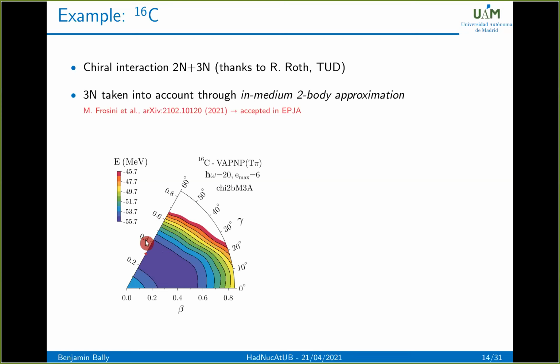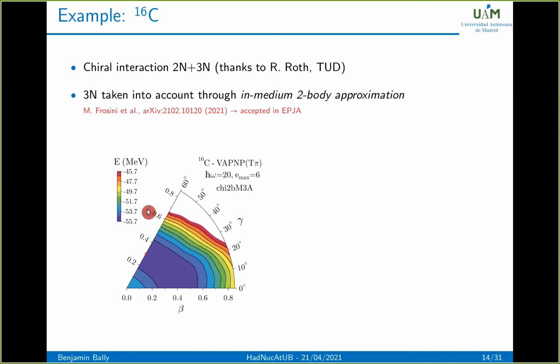Second thing is that you see that the energies are extremely small compared to the experimental value for the mass, which is 110 MeV, something like that, for carbon 16. So you are at half the experimental mass of carbon. In principle, there is no reason for this Hamiltonian to reproduce exactly the mass of carbon 16, but it should be much closer than 50 MeV.